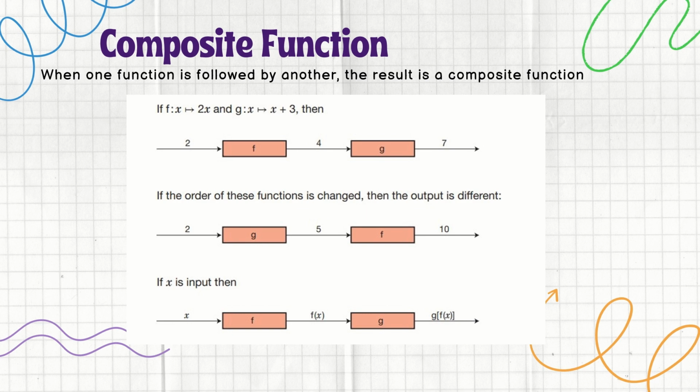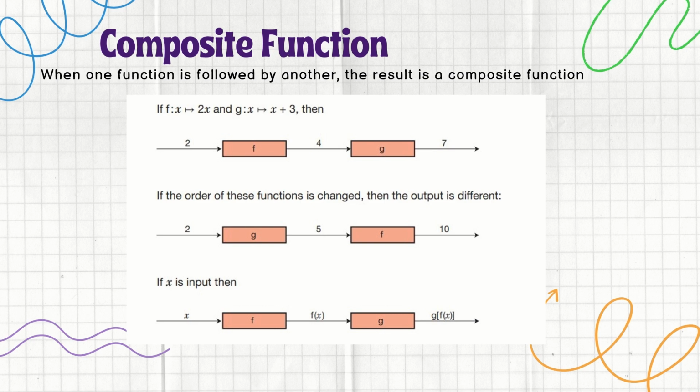And if we put this result, this 4, into g, we've got 7 because 4 plus 3 equals 7.